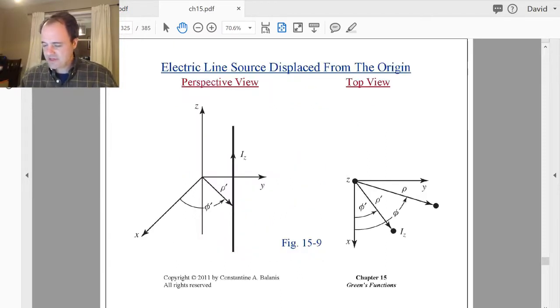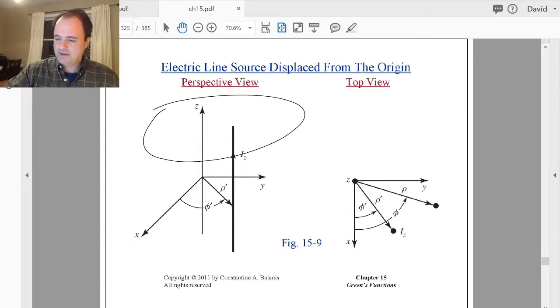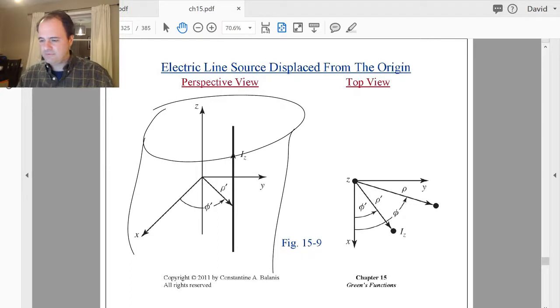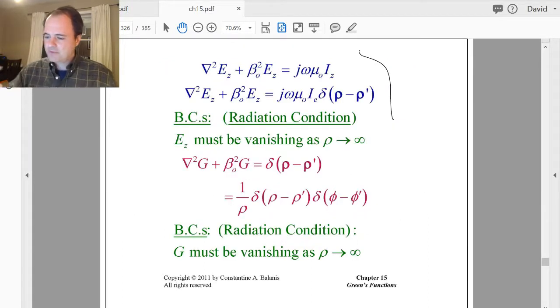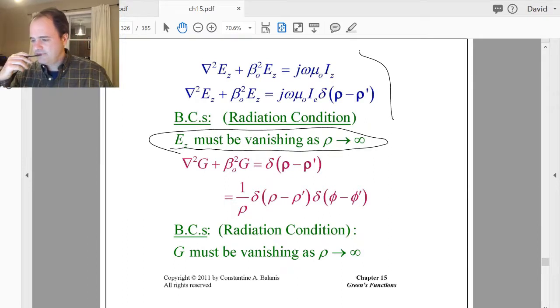This is the geometry, but it's unbounded. There is no containing sphere, and so that's what we have. So E_z must vanish as rho goes to infinity. So that is a boundary condition.